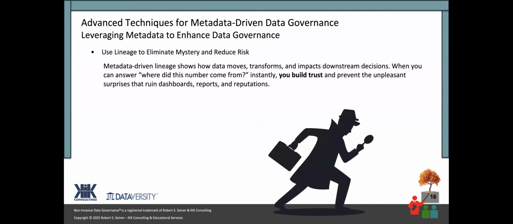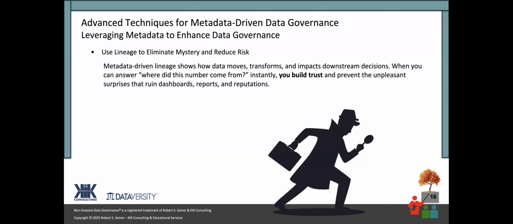Another way to leverage metadata to enhance governance is to use the lineage. People always want to know where this number came from, or if numbers are different on different reports, why are the numbers different? Well, if you can provide detailed lineage information to those people, you immediately build trust from them. It's no longer, hey, we'll go and find where that data came from.